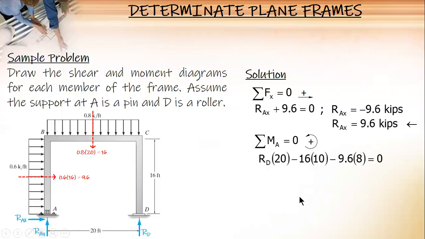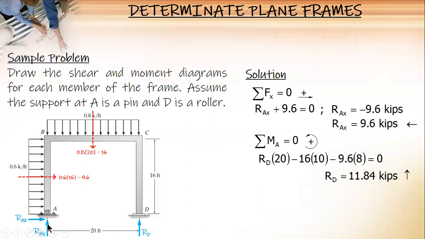So, the moment equation: RD times 20 minus 16 times 10, one half of 20, minus 9.6 times 8, one half of 16. And RD is positive, meaning our assumption is correct and it is directed upward.